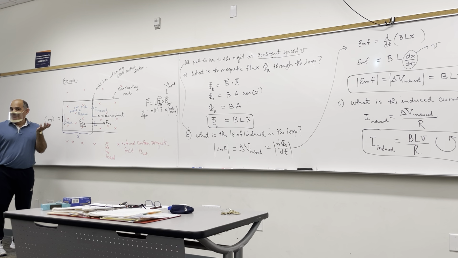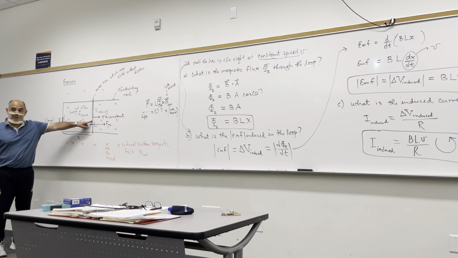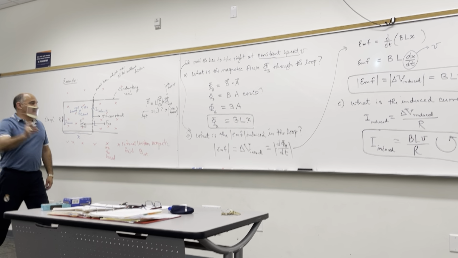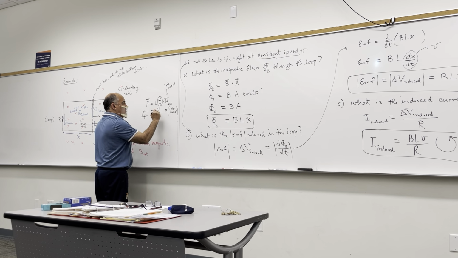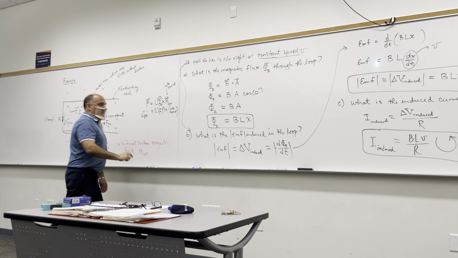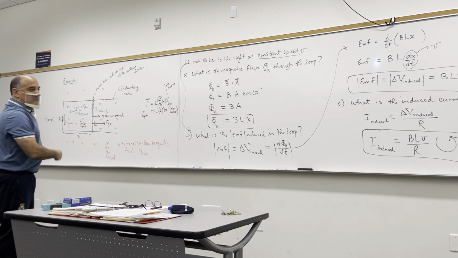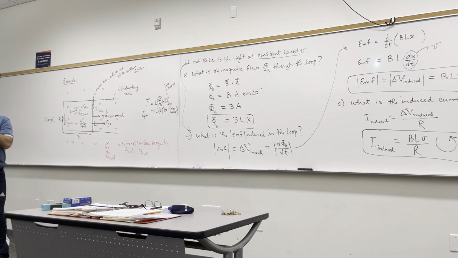Can you see that the current in the bar has to be up? Because up cross into will lead to a force to the left, to make it harder for me to pull it.